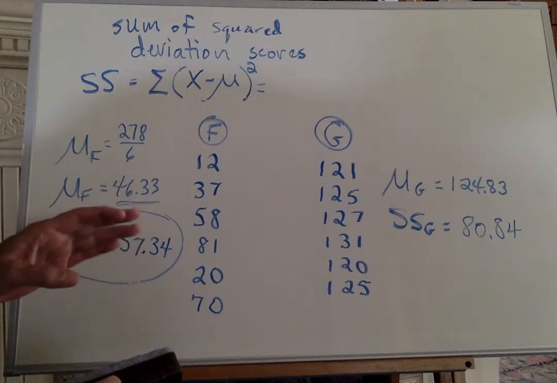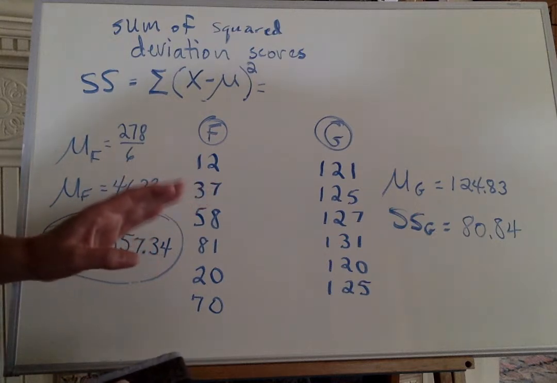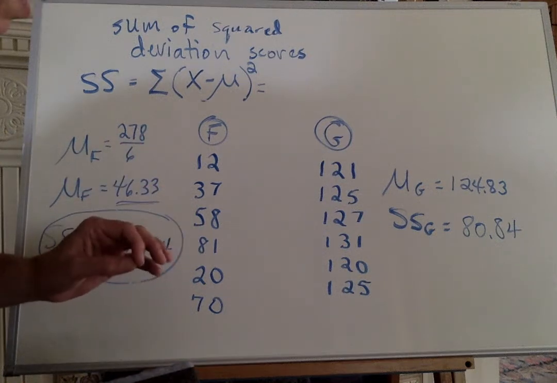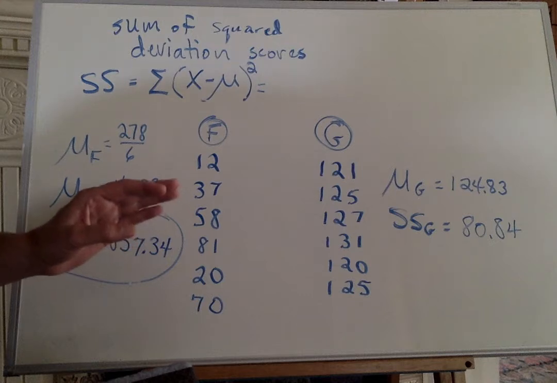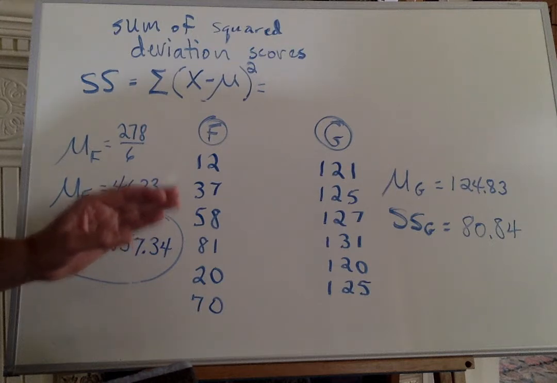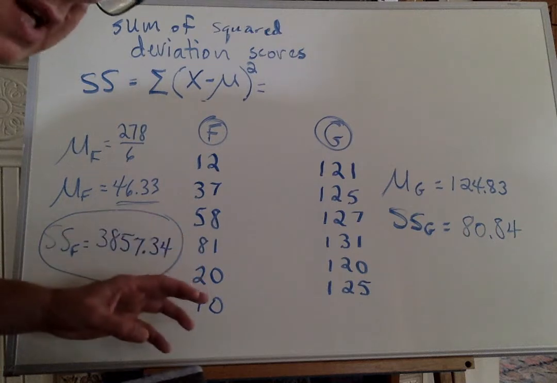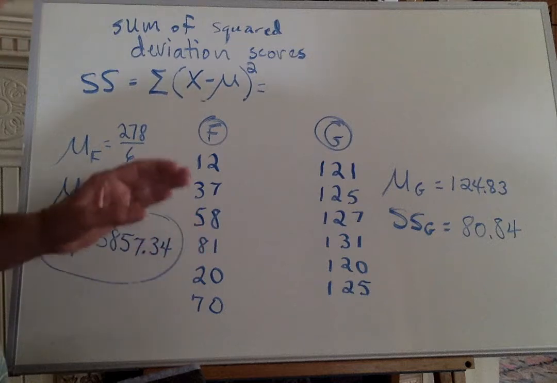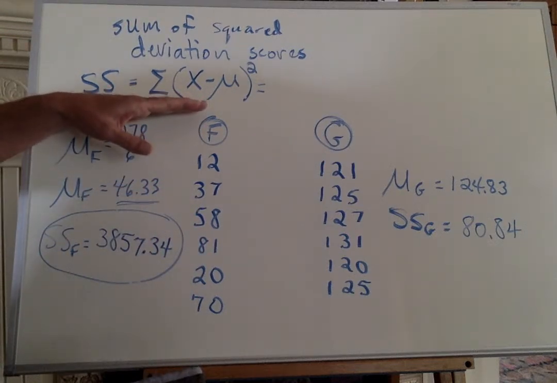I'm going to leave this information up here, and what we're going to do is make a quick switch here, and we're going to use a different formula for sum of squares. When exam time comes, I'm not going to allow you to use this formula.